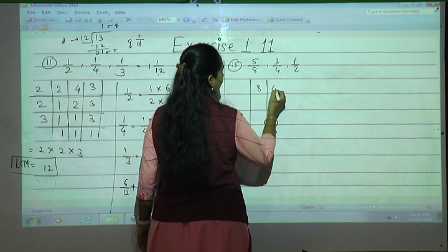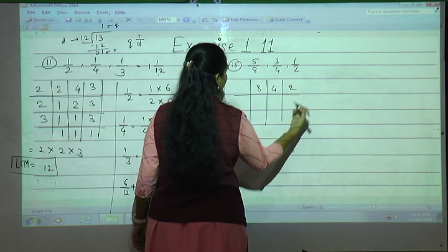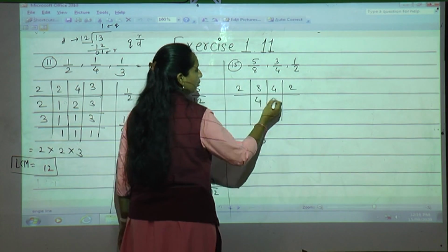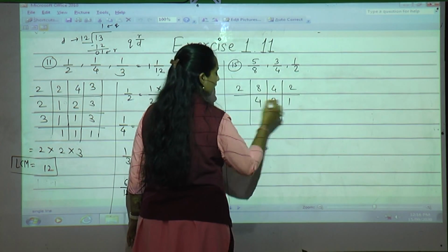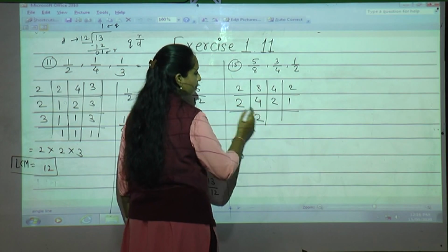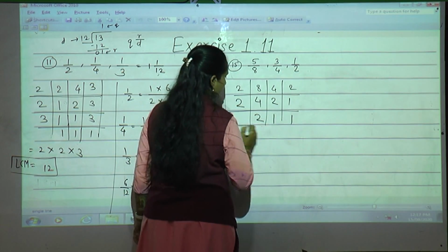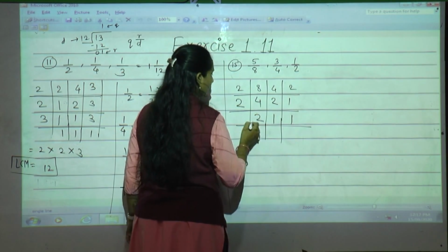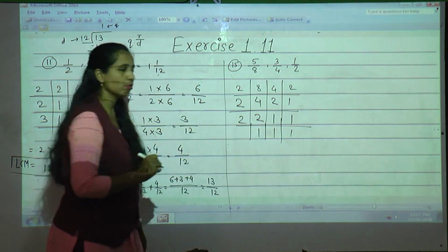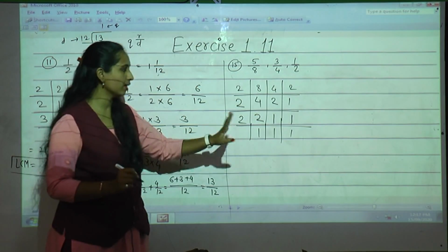Together combined, I will find out the LCM. I'll start with 2. 2 4s are 8, 2 2s are 4 and 2 1s are 2. Again I can go with 2 only. 2 2s are 4, 2 1s are 2, 1 will remain as it is. Again I can go with 2 only. 2 1s are 2, 1 as it is. Okay, once we come to 1 we have to stop.